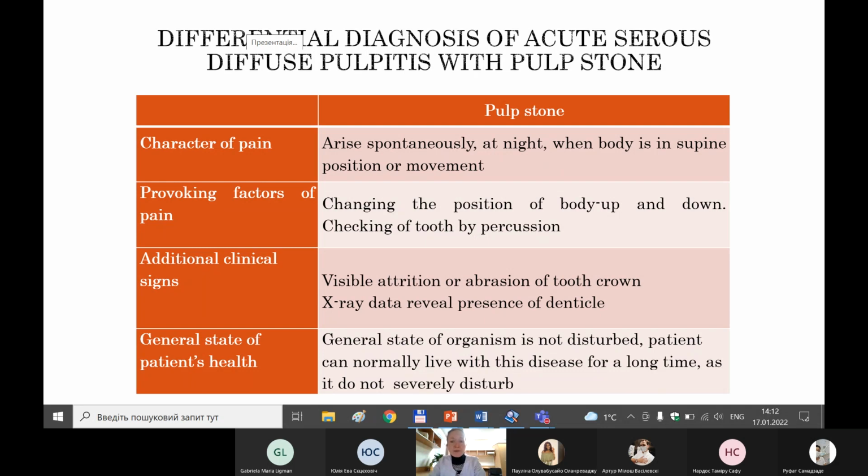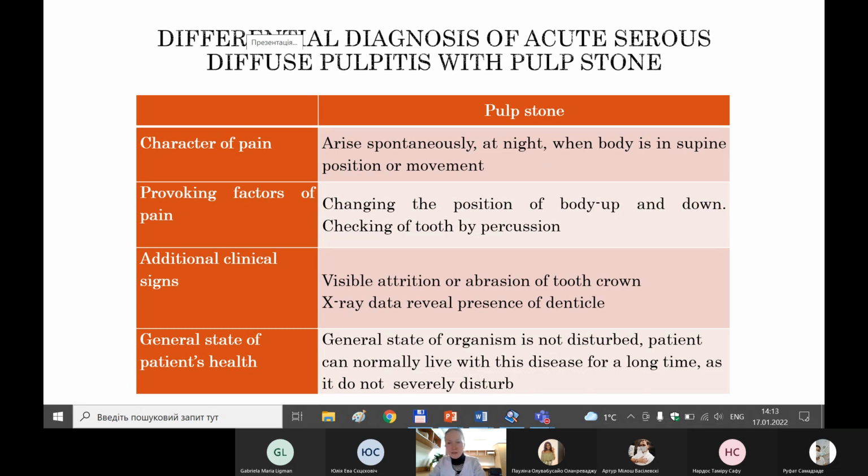Provoking factors of pain: changing the position of the body up and down, and checking the tooth by percussion. Additional clinical signs: attrition or abrasion of tooth crown can be visible. X-ray data reveal presence of denticle, pulp stone.